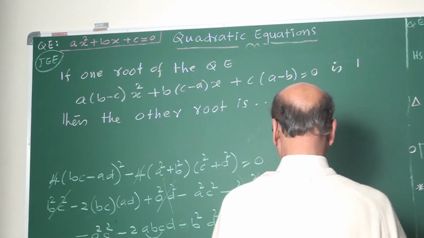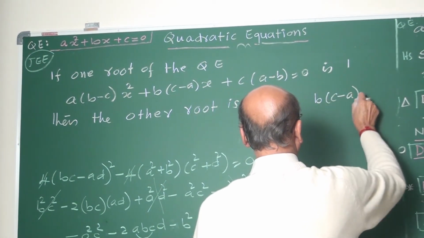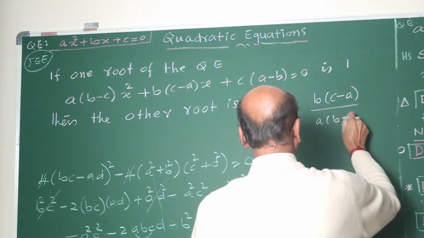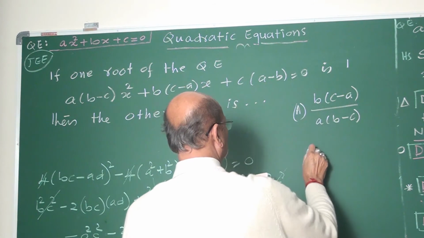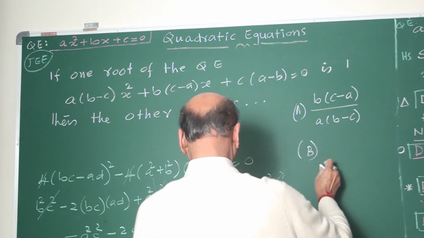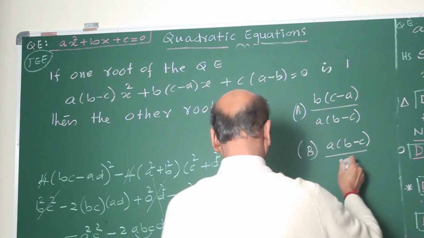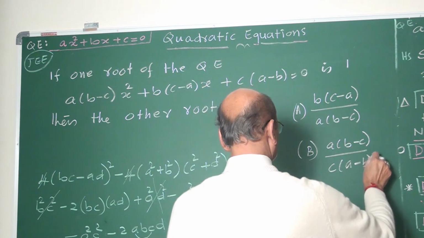Now, my friends, these are the options. First option, b into c minus a, denominator a into b minus c. Second option, a into b minus c, down is c into a minus b.